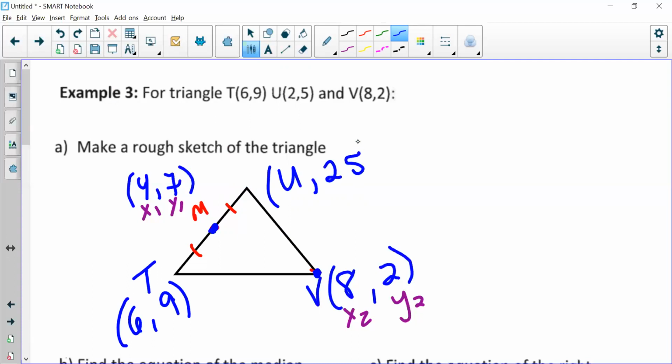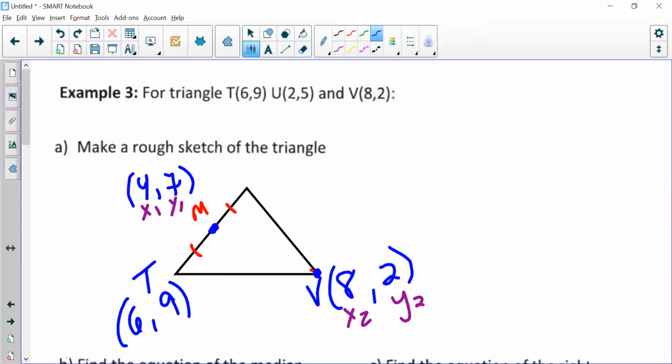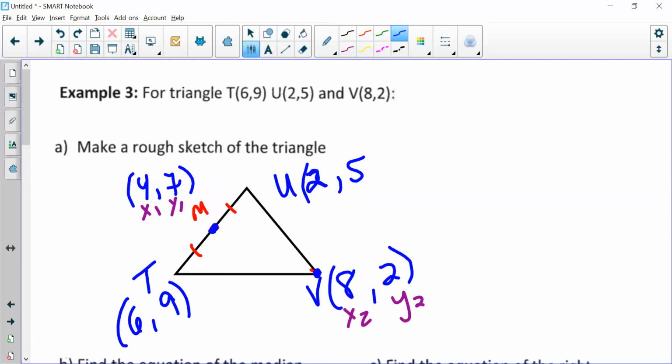Right bisector. I should not talk and write at the same time. Okay, I'm going to leave the midpoint there. He wants me to find the right bisector of TU.